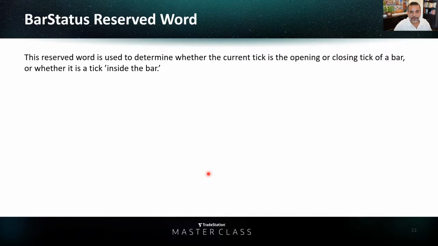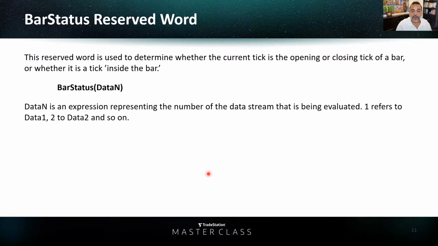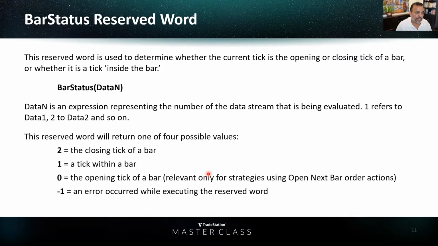Bar status is a very cool reserved word that tells you where you are inside of a bar: if you're on the opening tick, if you are on the closing tick, or if you are in a tick in between. I use it many times just to make sure that I run a calculation on a certain bar event. So these are the numbers that it returns. If it returns a number 2, then you're on the closing tick of the bar.